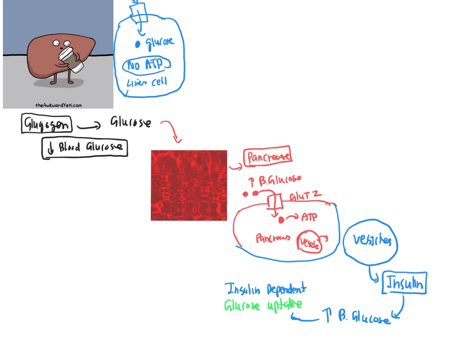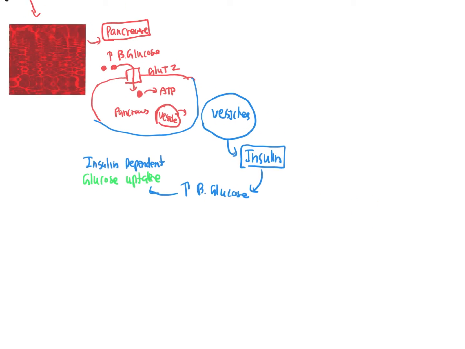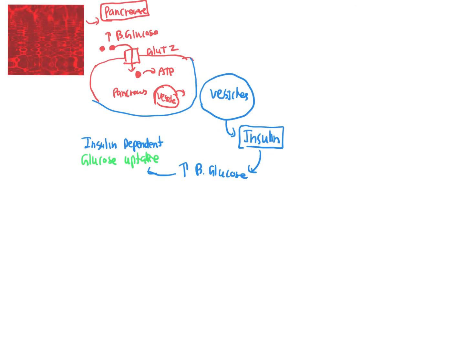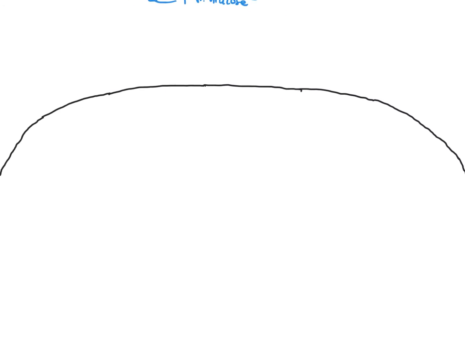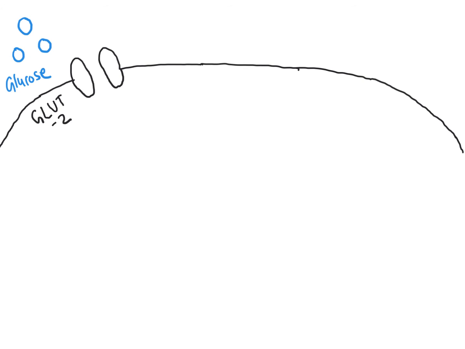Let us now focus on the specific mechanisms that cause beta cells of the pancreas to release insulin. When there's an increased blood glucose, the glucose that circulates gets attached to the GLUT2 receptor, and it enters the beta cells of the pancreas via facilitated diffusion.